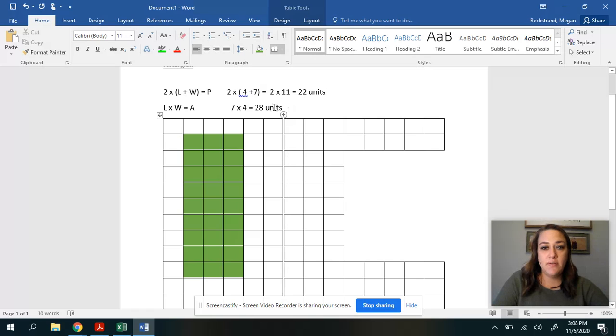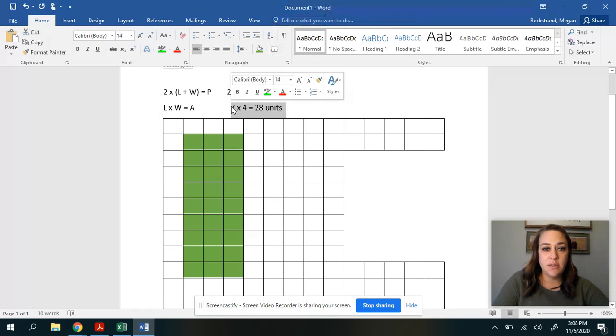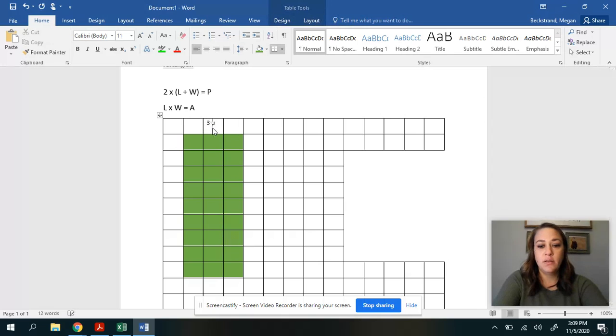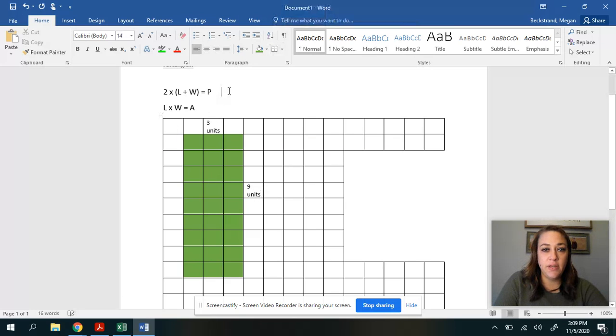So again, we can find our area and perimeter by using these formulas. So if my rectangle was 3 units by 9 units, then we can fill our formula in. So to find our perimeter, we would take 2 times 3 plus 9 equals our perimeter.